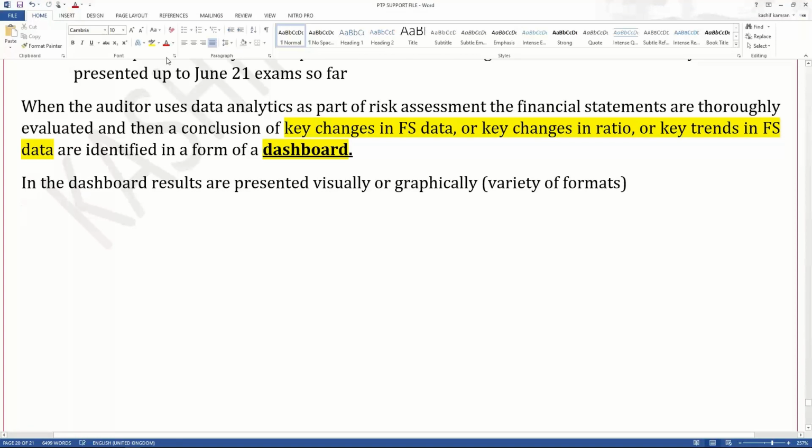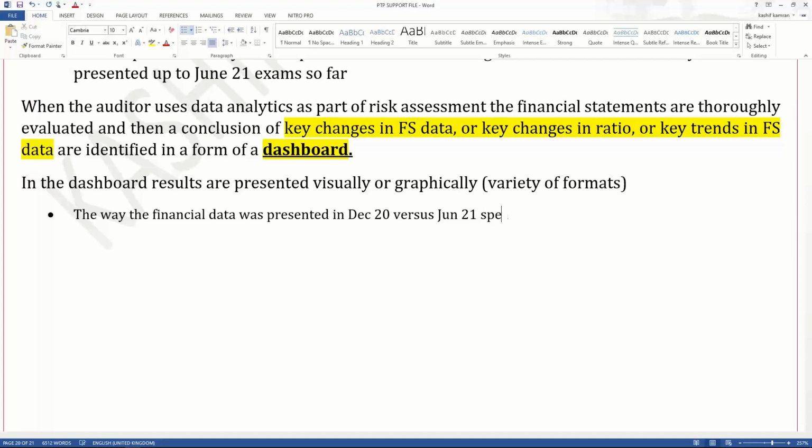If you look at the way the financial data was presented in December 20 versus June 21, I believe you get the mindset of the examiner. It indicates what's going on in the examiner's mind.